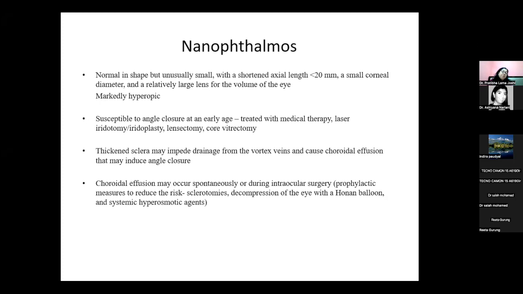Most of the patients are high hyperopes, and these patients are susceptible to angle closure at an early age; it can be treated medically or with laser iridotomy or iridoplasty. They have thickened sclera that impedes drainage from the vortex veins and causes choroidal effusion, which will cause the angle closure.